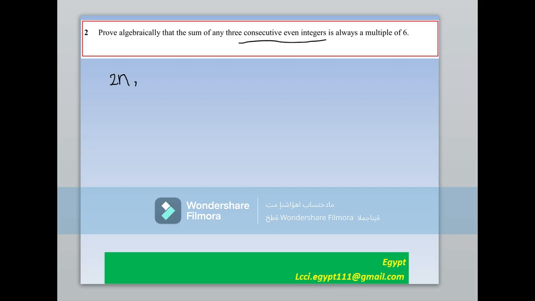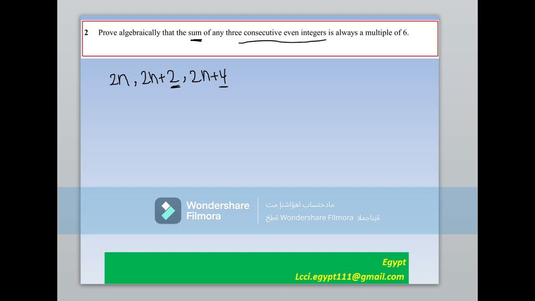Then the second even consecutive to this number is 2n plus 2. Yes, you add 2. The third consecutive is 2n plus 4. You add 2 on the last number, it becomes 4. What about the sum of the three consecutive numbers?